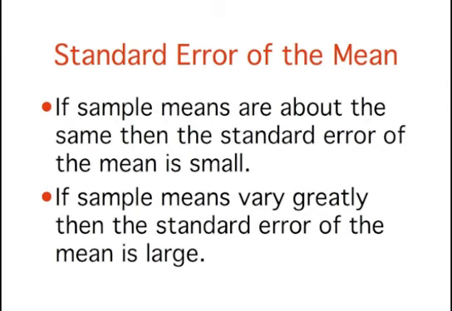The most common measure of how much sample means differ from each other is the standard error of the mean. The standard error of the mean is the standard deviation of the sampling distribution of the mean. If all the sample means were very close to the population mean, and to each other, then the standard error of the mean would be small. On the other hand, if the sample means varied considerably, then the standard error of the mean would be large.